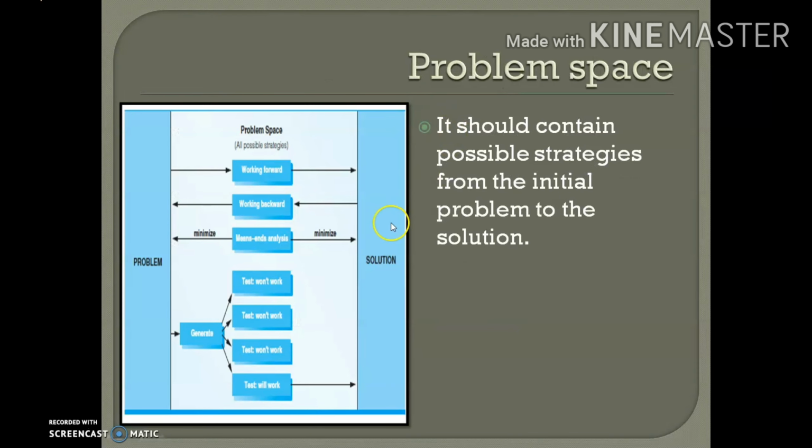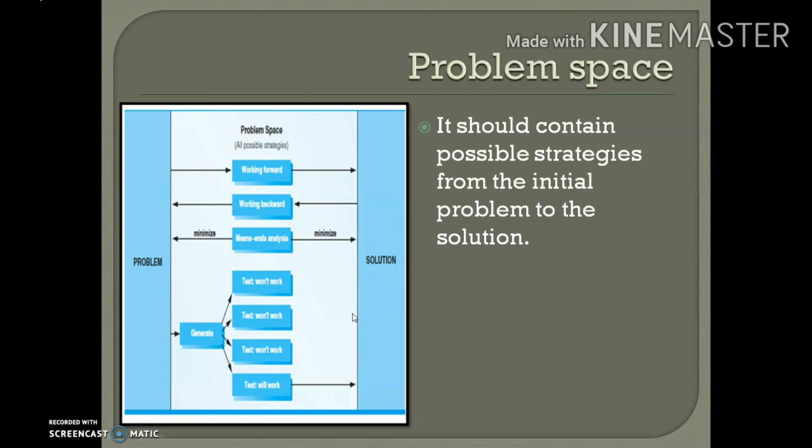So problem space. It should contain possible strategies from the initial problem to the solution. So these are the strategies from problem to the solution. So it basically refers to the entire range of components that exist in the process of finding a solution to a problem.